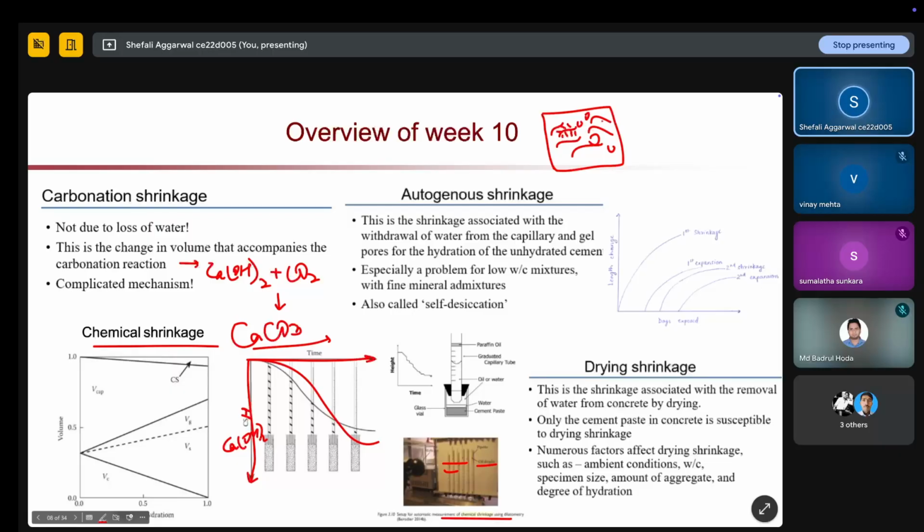Because of removal of water from these capillary pores and gel pores, this is called autogenous shrinkage. This is also called self-desiccation.